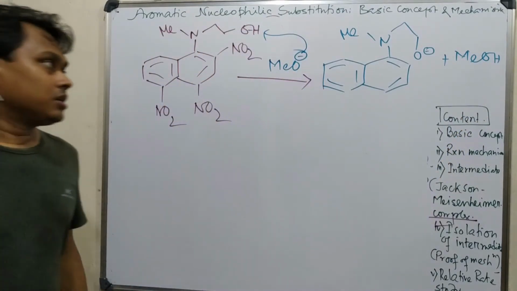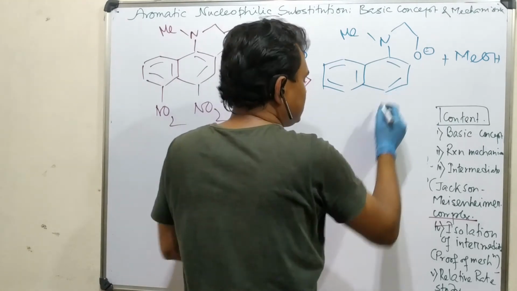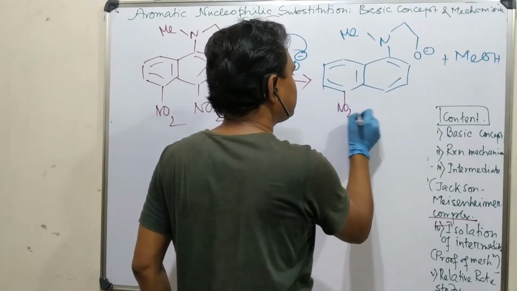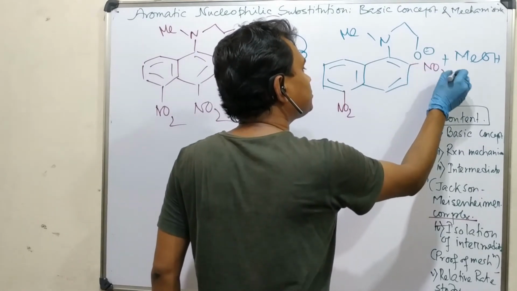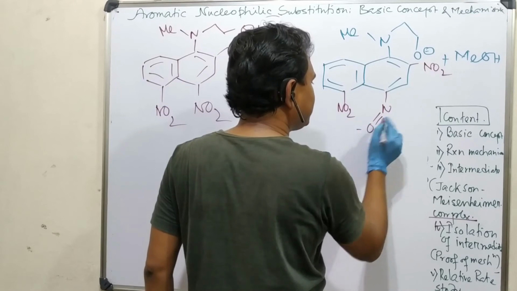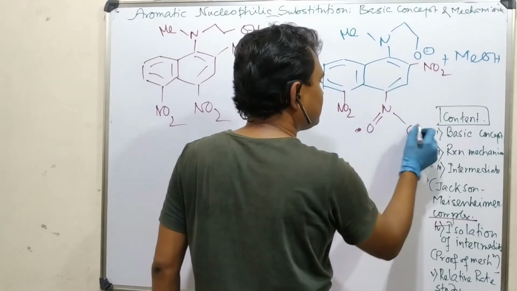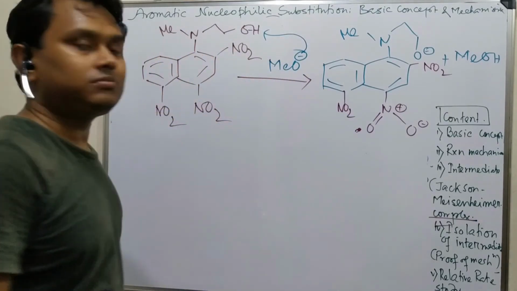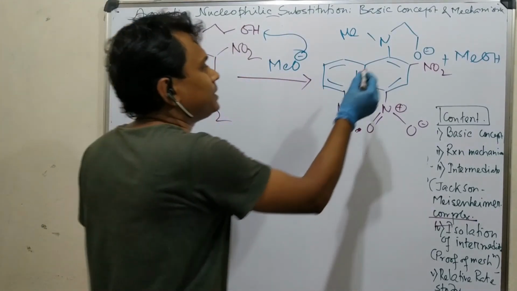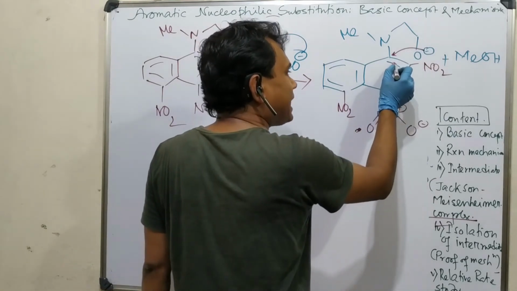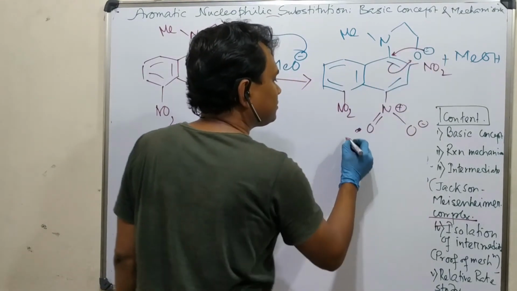So now this is nitro, and this is also nitro. Why am I writing it in a different way? You will get it. Plus. Fine. So what can happen? This can attack here. Okay. So if it attacks, it opens up here.